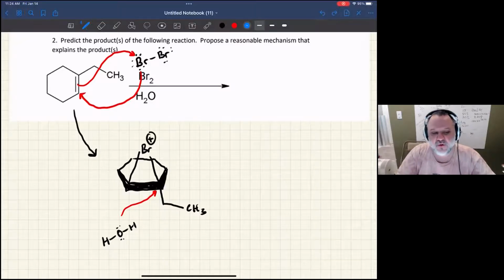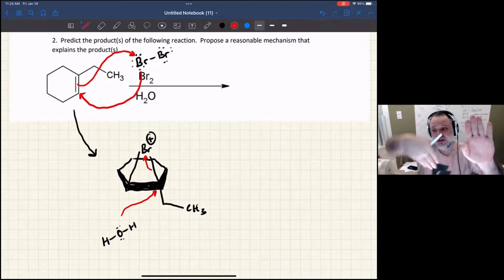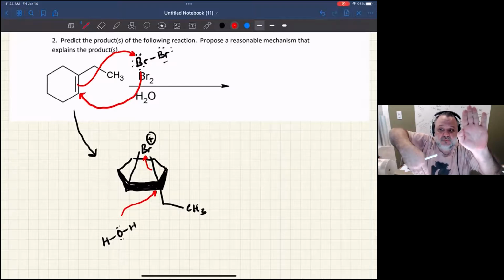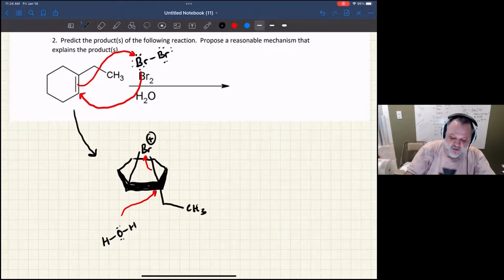And so that's why the OH is going to attack that position more readily. So there's two things going on: the stereochemistry, that the OH and the Br will be pointing in opposite directions, and that the OH is going to add to the more substituted side.